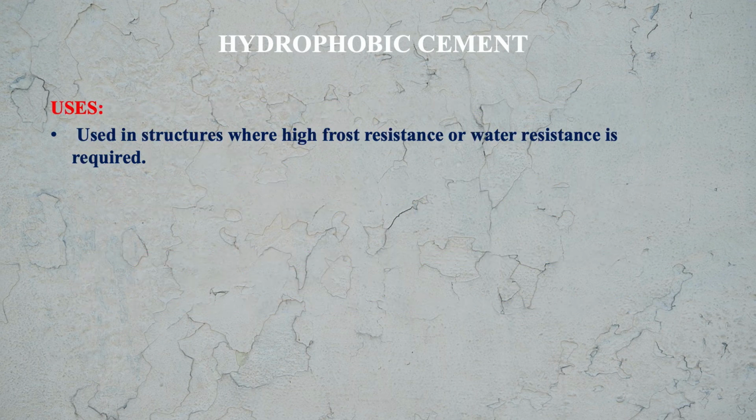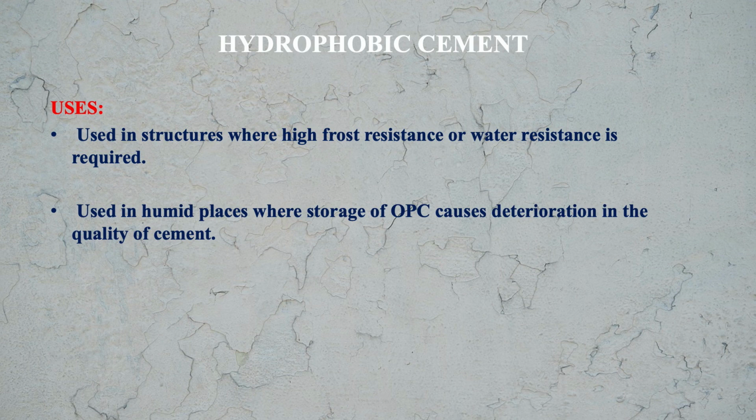Hydrophobic cement is used in structures where high frost resistance or water resistance is required. It is also used in humid places where storage of ordinary Portland cement causes deterioration in the quality of the cement. So these are the uses of the hydrophobic cement.